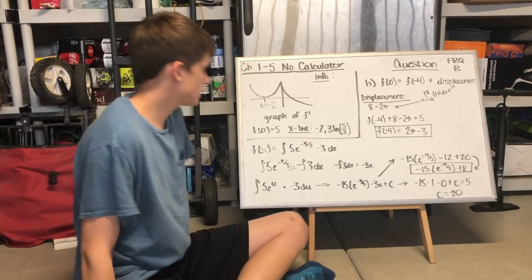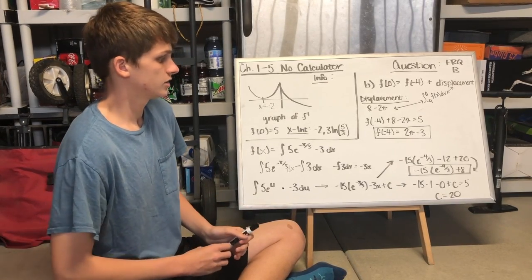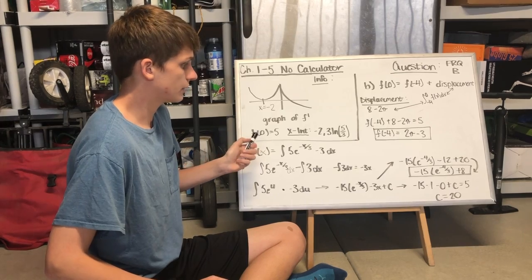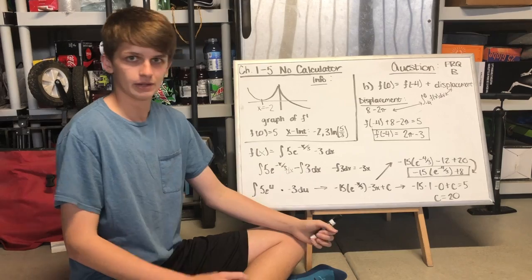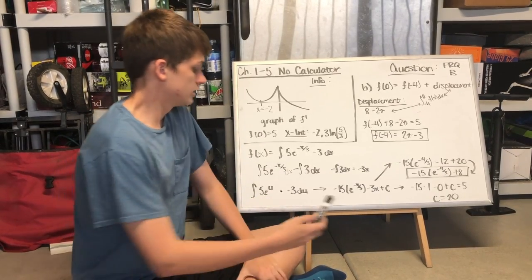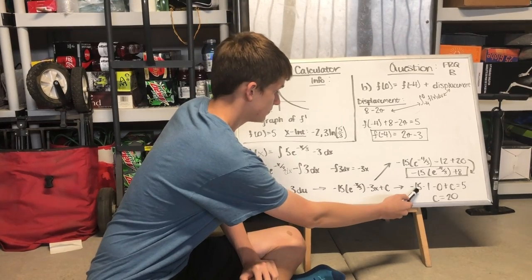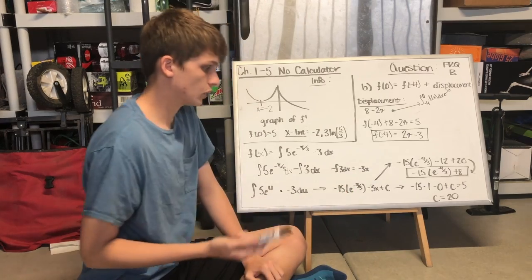So before we can figure out what f of 4 is, we have to find out what the constant is. So we know that f of 0 equals 5. So if we plug in 0 for all of our x values and then have it equal to 5, we can find our c. So we get negative 15 times 1 because e to the 0 power is 1.